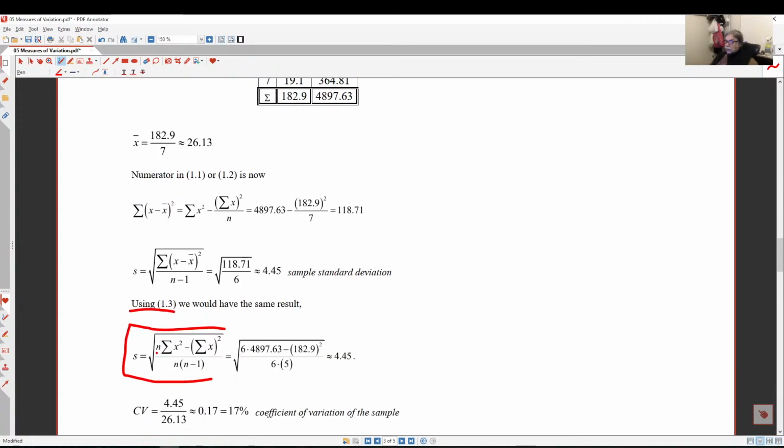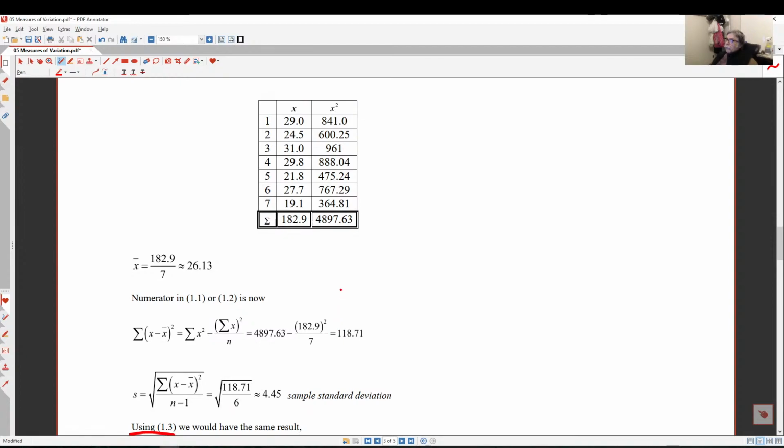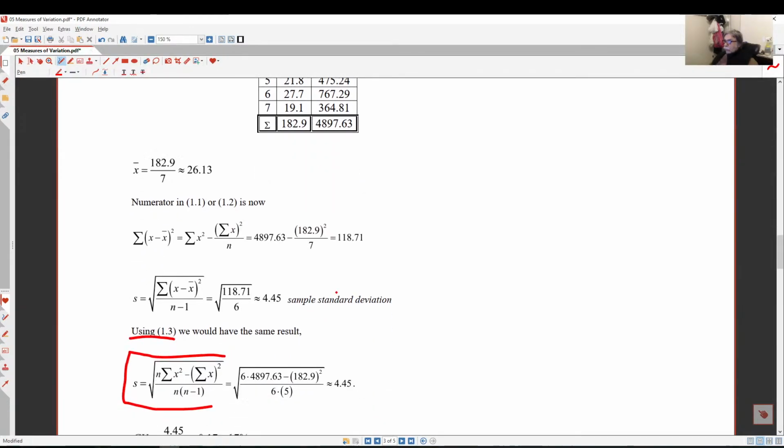So this is 7. Wrong number put in here, right? And so it's here, and it's 7. And then minus 1 is 6. In the file on the Blackboard, this is correct, but here I have 7 and 6. Okay.